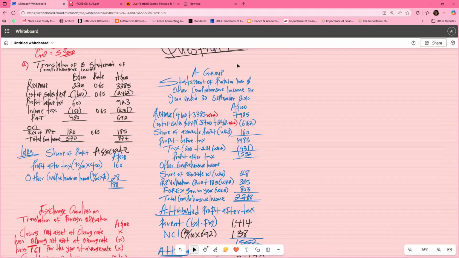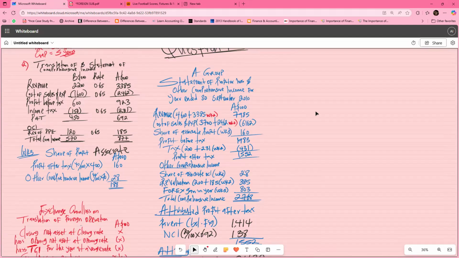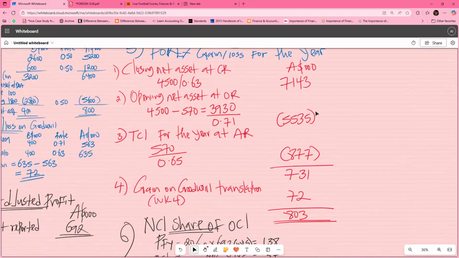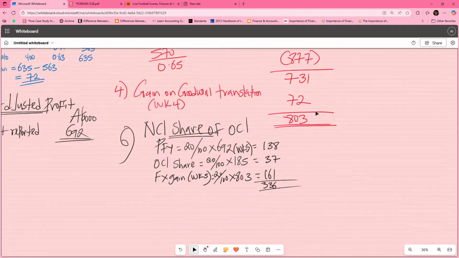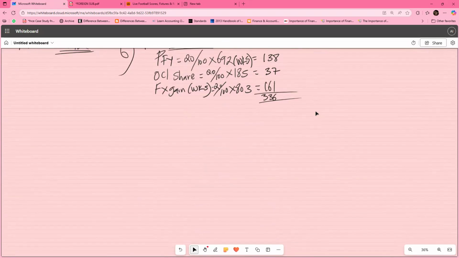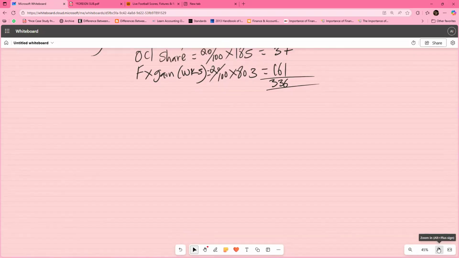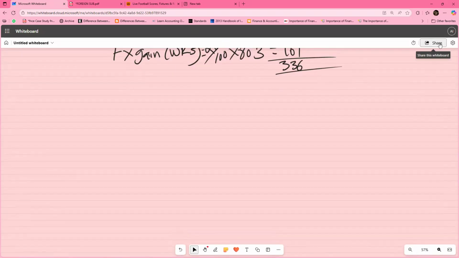We'll continue from where we stopped at working 6, so I'm going to start with working 7, which is the translation of the statement of financial position.